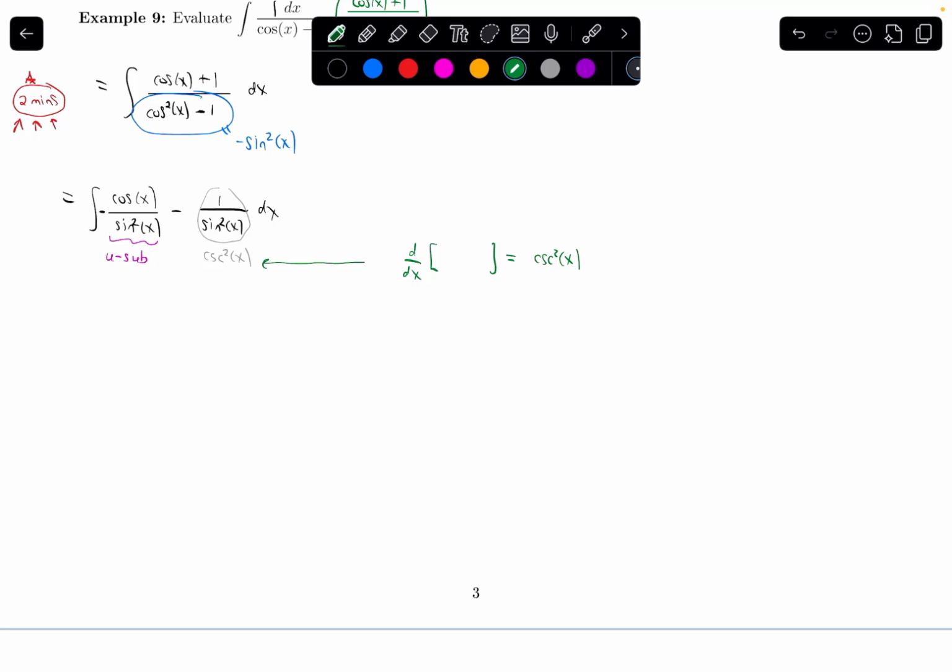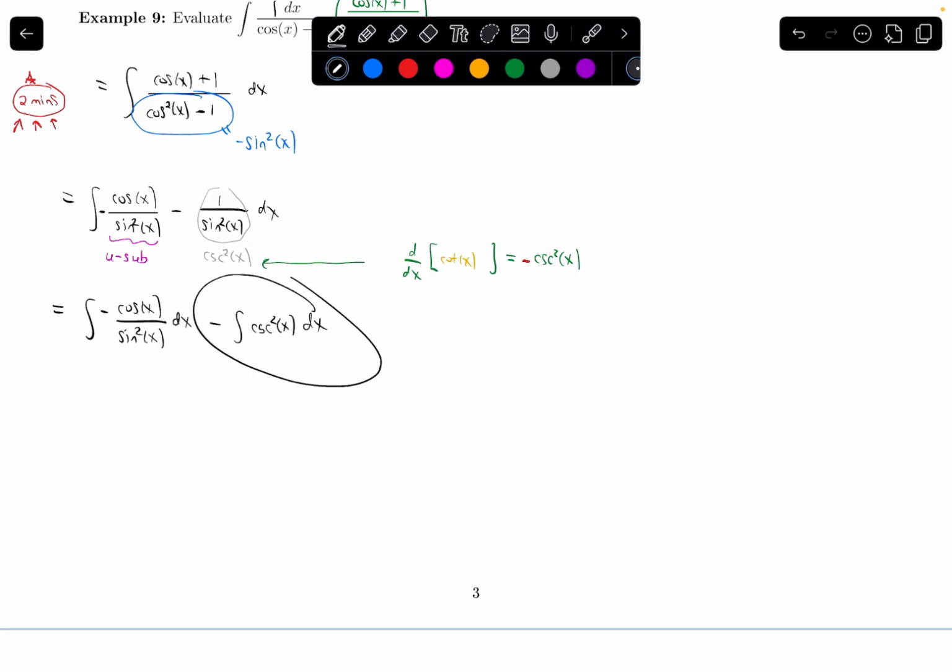Well, it turns out the derivative of cotangent is negative cosecant squared. So that means if I just want to get cosecant squared, I would have to do the derivative of negative cotangent. Okay, so this cosecant squared, we're going to be able to handle. Let's split up this integral into 2. So I can do each one now. So I'll get the integral of this negative cosine x all over sine squared x dx, and then minus the integral of that cosecant squared x dx.